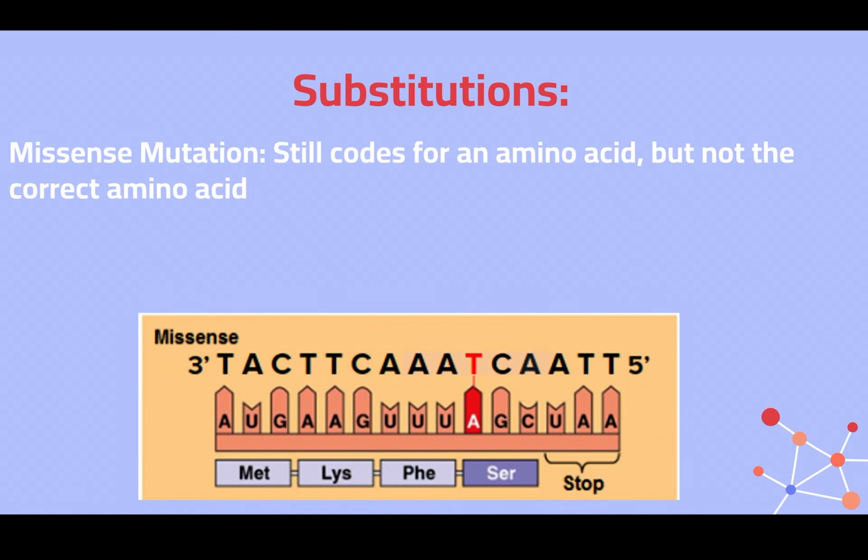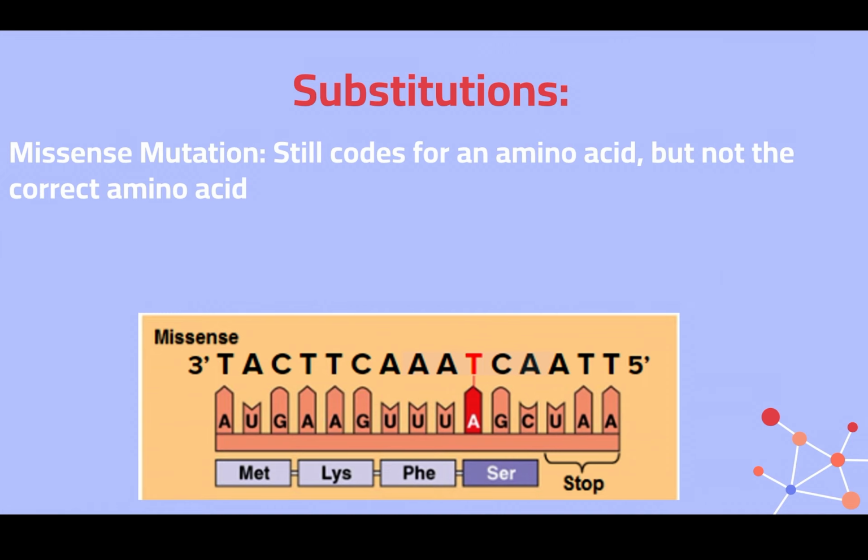Another substitution mutation we have is missense mutation, which still codes for an amino acid but not the correct one. Just like in our last example, it had the same amino acid, but in this one, if we use another letter at the end, then we wouldn't get the same amino acid.